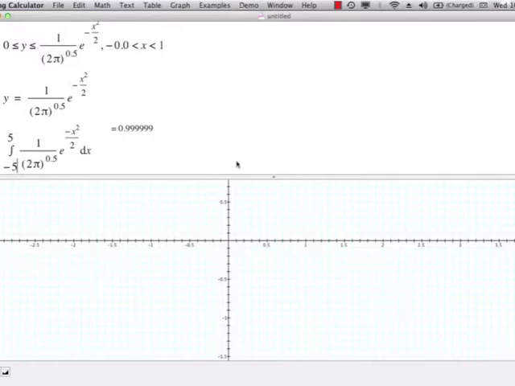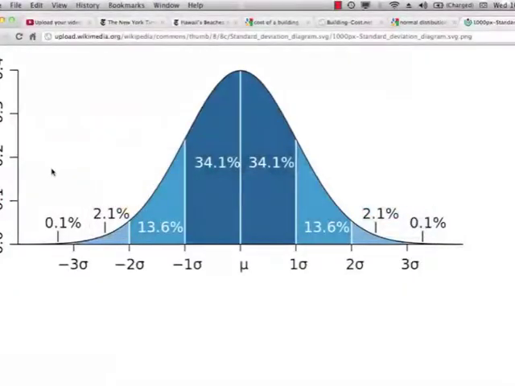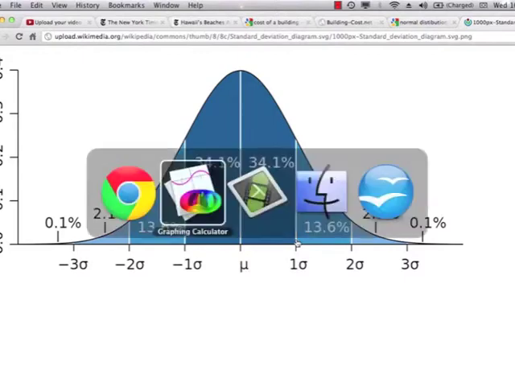Okay, so let's think about some other things. If I say from 2 standard deviations below up to 1 standard deviation above, that should be 13.6 plus 34.1 plus 34.1. That should be 81.8% of the data.